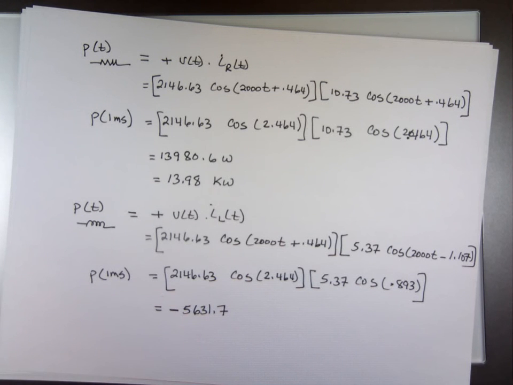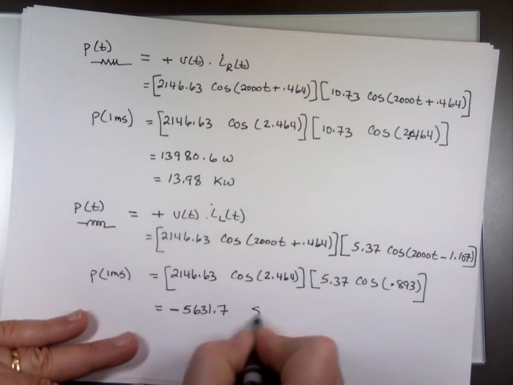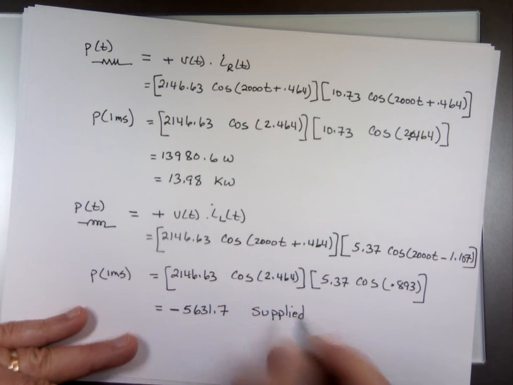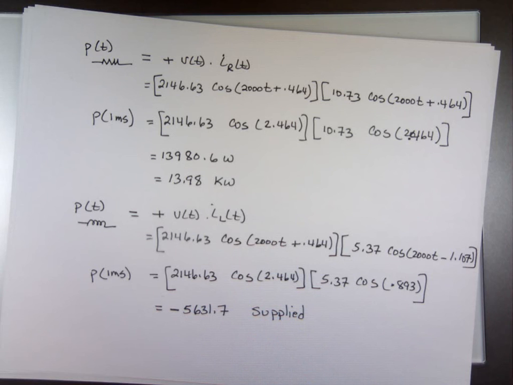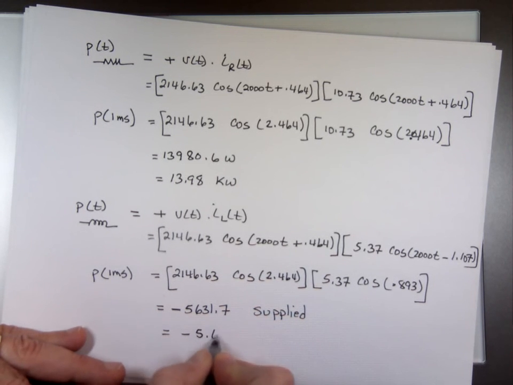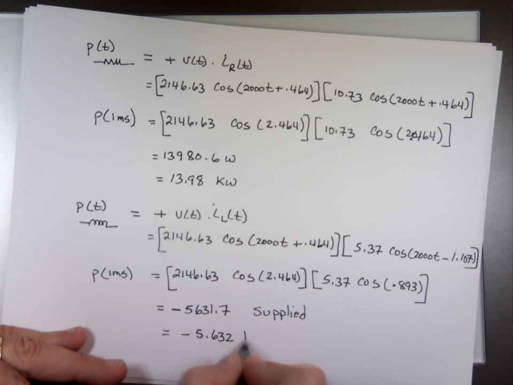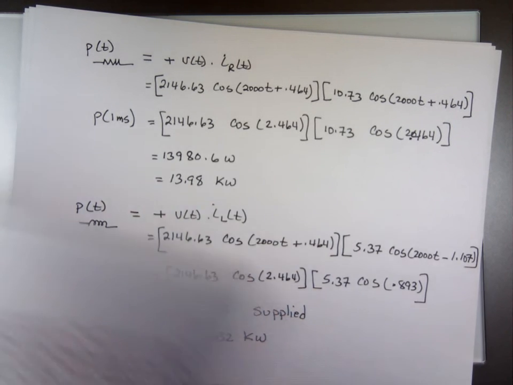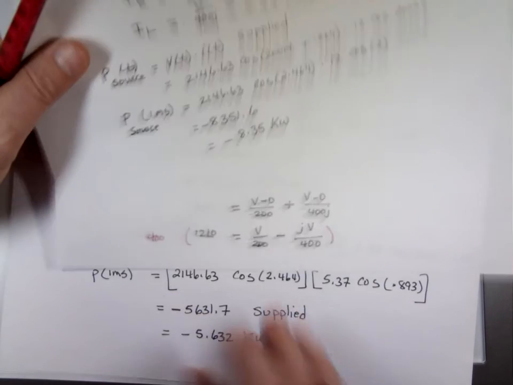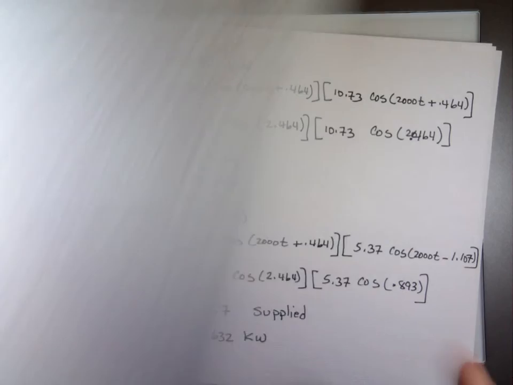Negative means what? Supplied. So once you fully charge that inductor, it is going to act as a voltage source and supply power to the circuit. So that's negative 5.632 kilowatts. Now if we add the two numbers together, it should equal the power absorbed by the resistor, or close to it.